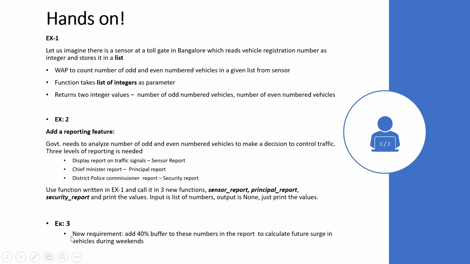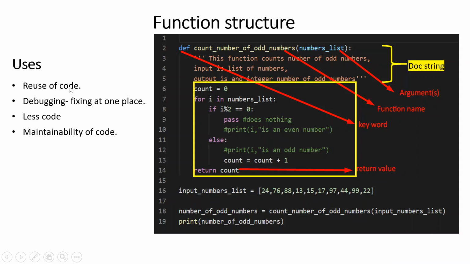By doing the third exercise, you will realize that without even touching the sensor report, principal report, and security report, you can just make changes at one place and this feature is added. What you realize is reuse of code: you can fix at one place, less code is written, and you can maintain it at one place. These are the uses of functions.